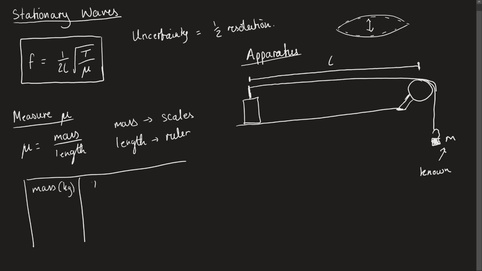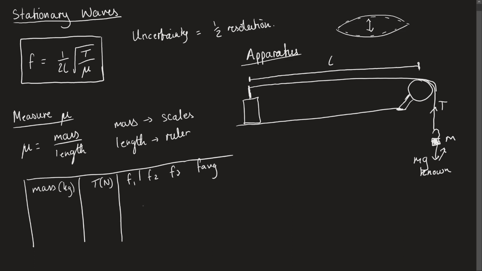You can then convert that into tension just by multiplying it by g, because the tension in the string coming up here is going to be the same as mg. So you now have the tension in the wire, and then what you're going to work out is the frequency, but you're going to do 3 tries of the frequency, and then you're going to take an average of those.